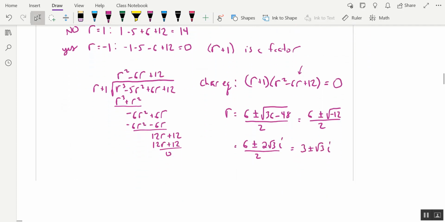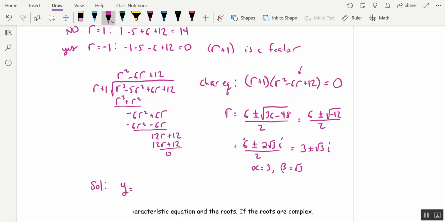So my alpha is 3 and my beta is root 3. From this, I'm going to get two terms in the general solution, and I'll also get a term from the r equals negative 1. So I'm going to write down the general solution, y equals. For the root r equals negative 1, we have c1 e to the negative t.